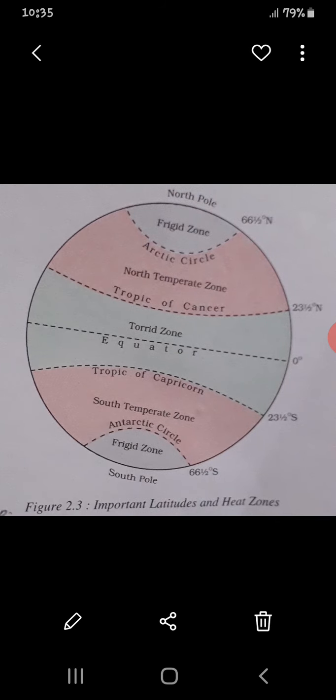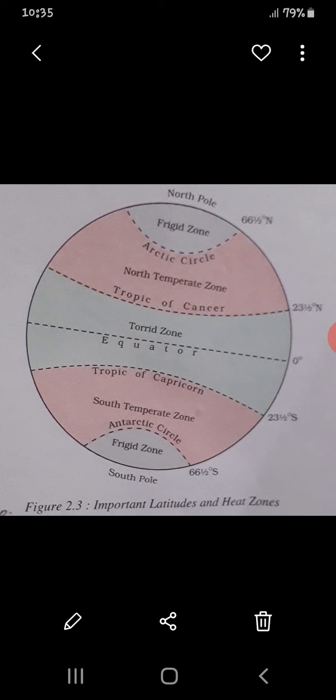You can see here the latitudes: equator, Tropic of Cancer, Tropic of Capricorn, then you have Arctic Circle and Antarctic Circle. I hope this much is understood. Children, it's very simple. You have the equator in the middle, which is the longest latitude at 0 degree. First we will take the north. Tropic of Cancer is another important latitude.